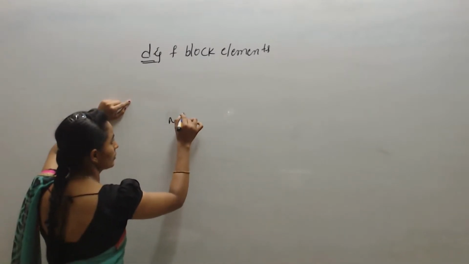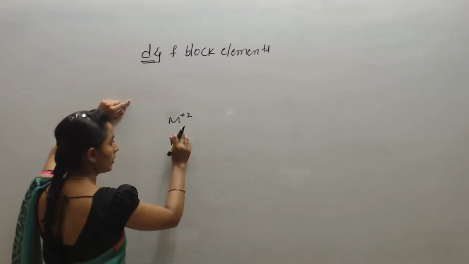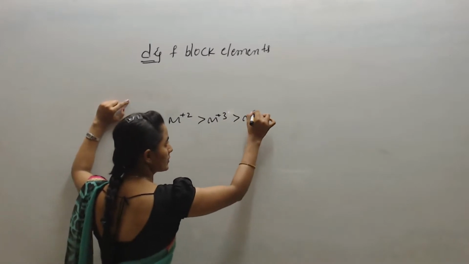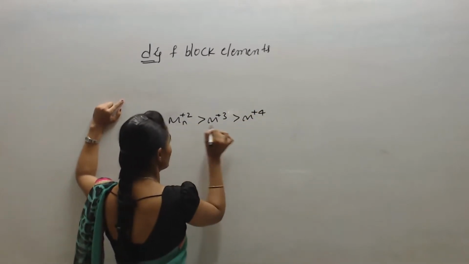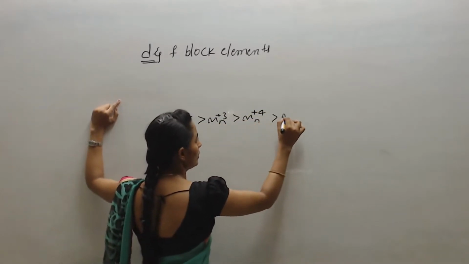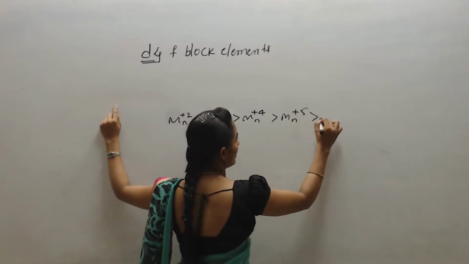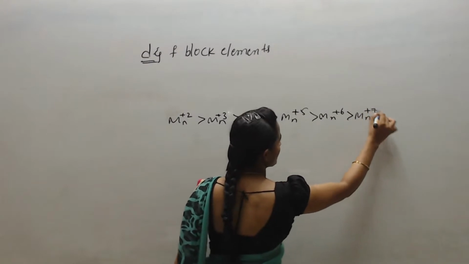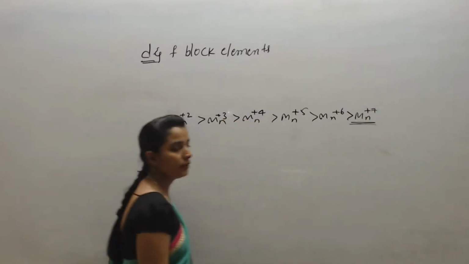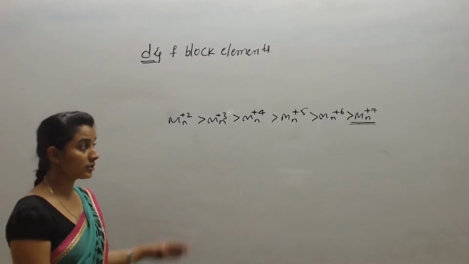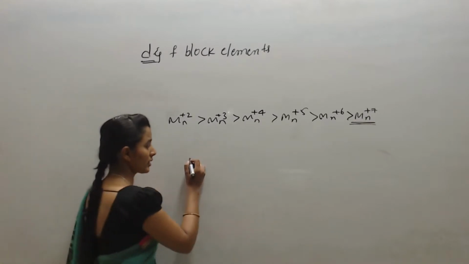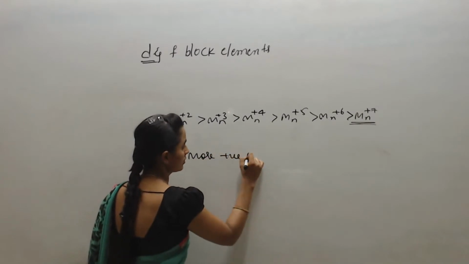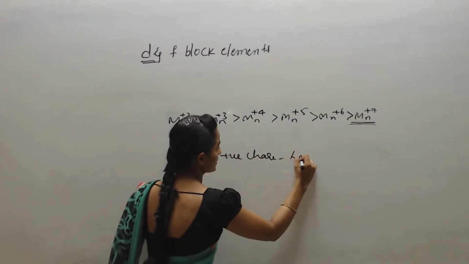For example, Mn plus 2 ion has greater size than Mn plus 3, then Mn plus 4, then Mn plus 5, then Mn plus 6, and greater than Mn plus 7. So the ion with the maximum cationic charge has the least size. More positive charge, less size.